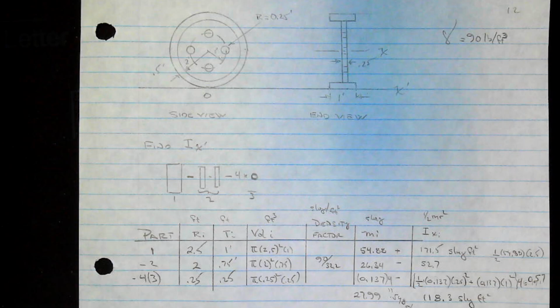As I always tend to do when I do these problems, I try to organize my thinking, so I do the part algebra. How am I visualizing this thing? I'm going to envision this as a great big rectangle viewed from the side, or from the other side, just a great big solid disk.